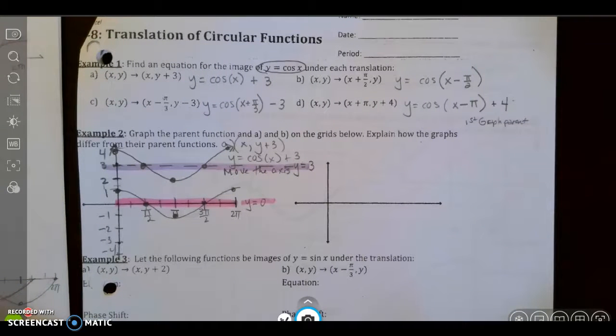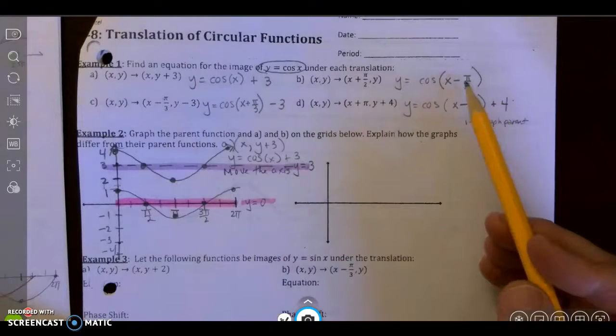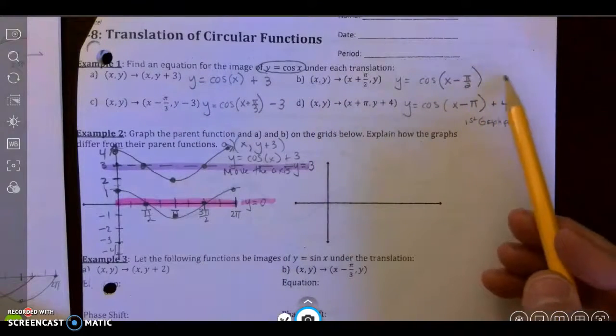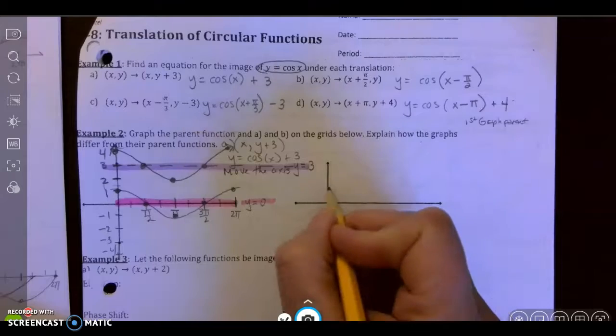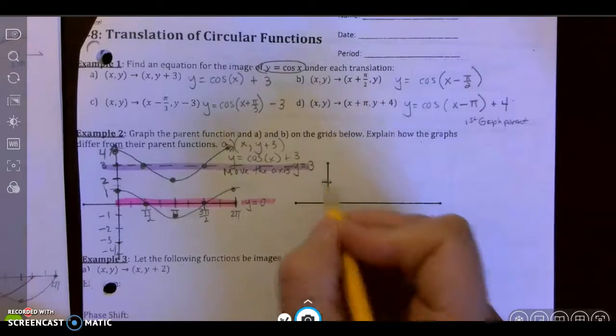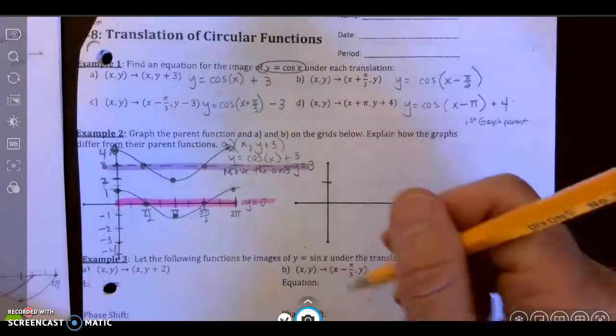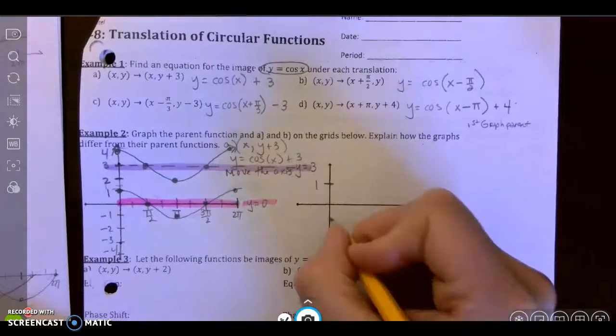Right, so once again, what I'm going to need to do is graph my original. Now for letter B, I'm not going to have to move it up or down, so I don't have to extend this y-axis and have lots of other numbers.